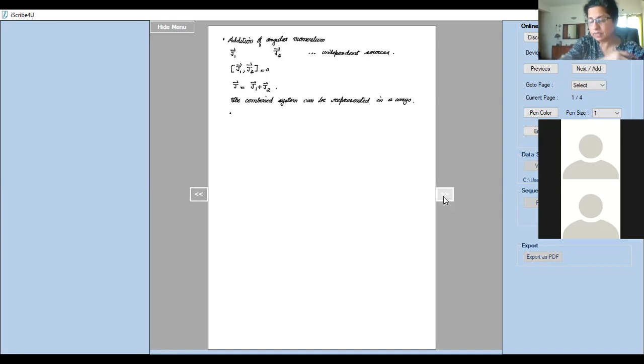The first one is that you can write it down in terms of J1 square, J1z, which is a common eigenfunction of J1 square and J1z, and J2 square and J2z. So we can use the common eigenfunctions of these four, just a direct product.